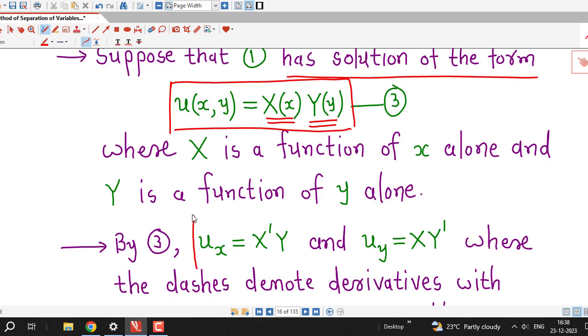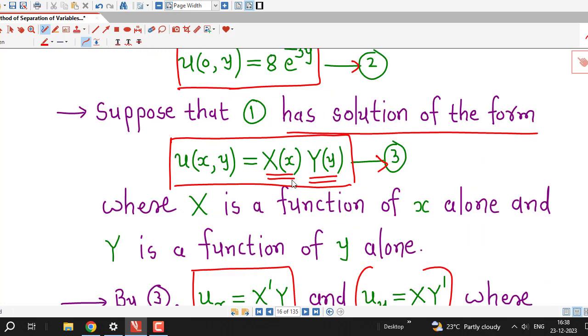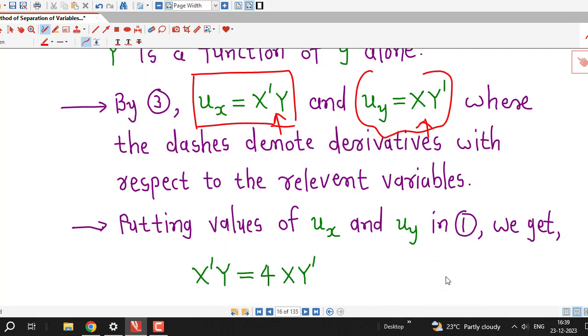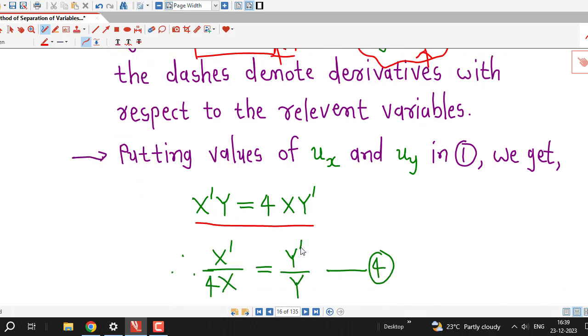Then we write down del u by del x from this equation 3, that is X dash Y, and del u by del y is X Y dash. Now this 3 is a solution of the given equation, therefore we can substitute these partial derivatives obtained from equation number 3. So we substitute these two values in the given equation and we have X dash Y equal to 4 times X Y dash.